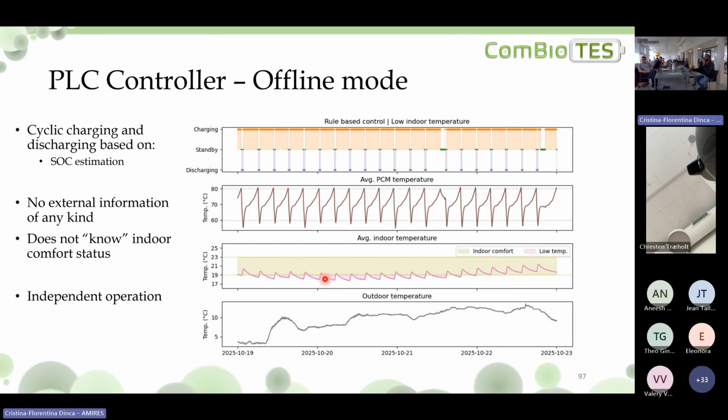We define indoor comfort as temperature between 19 and 23. So this is one of the limitations of this mode, but it is also a backup mode in case communication fails.